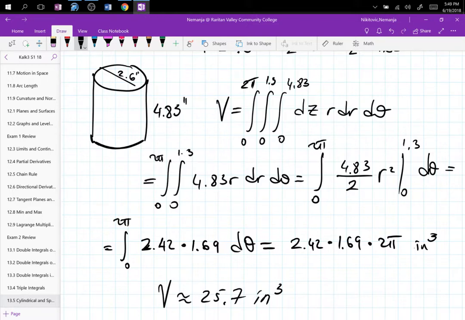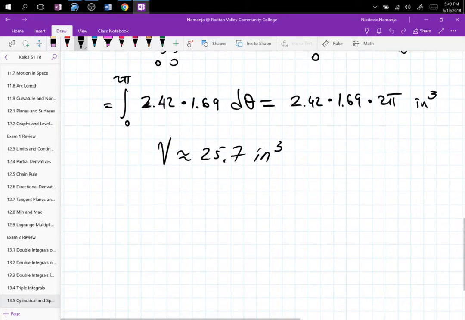Now let's take a look at some of the homework exercises which they suggest we should work on. So cylindrical integrals, guys, they are not the issue. The spherical are the scary ones. So here is a nice problem.